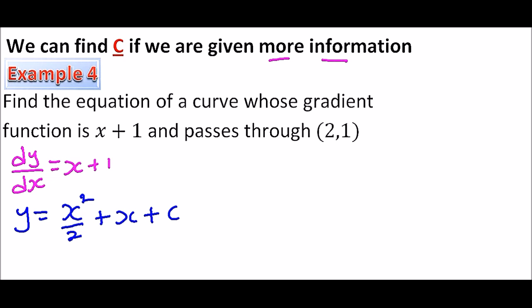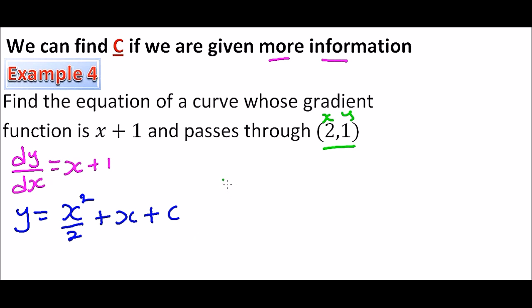We are told that this curve passes through (2, 1). So this is one of the points of the curve, so we can replace the value of y, which is 1, and the value of x, and by doing that we will be able to get our c.